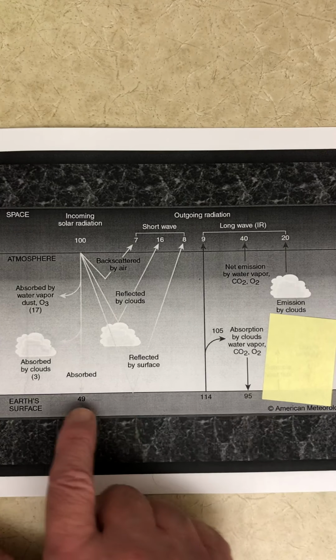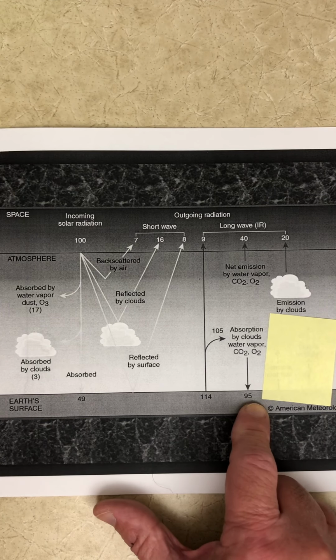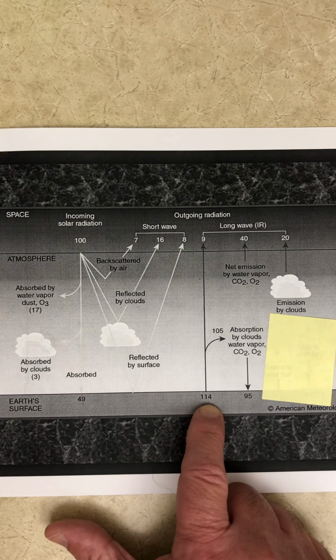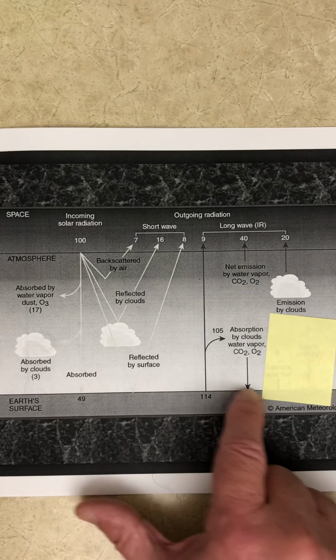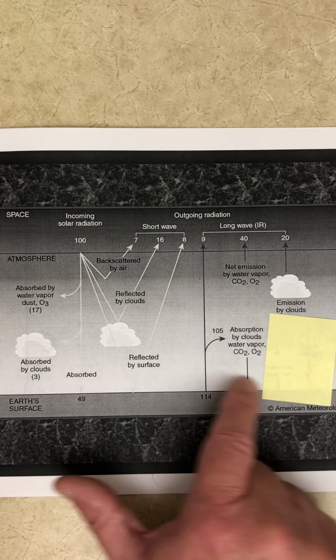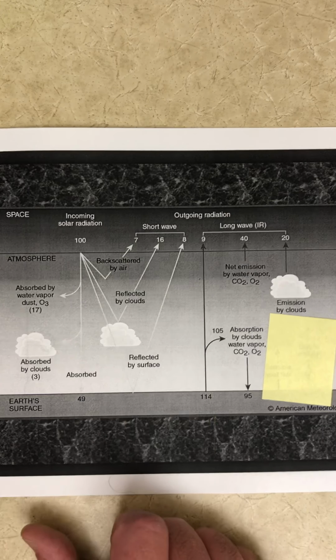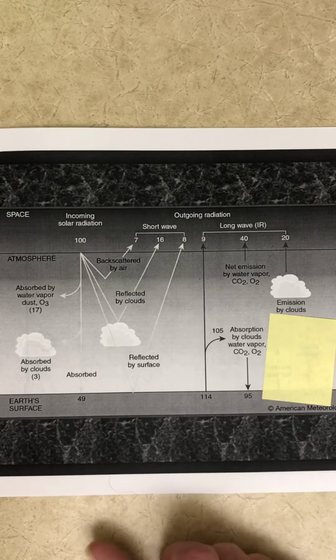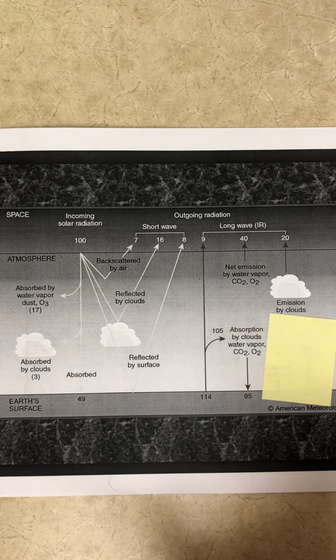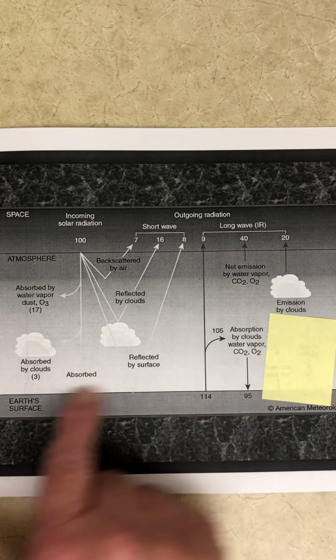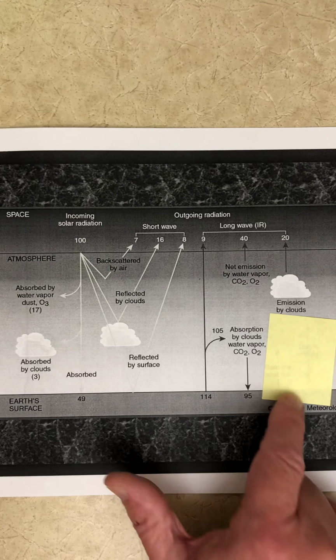So when we add up 49 plus 95, 144, minus 114, we find that there's an imbalance here. There are 30 more units of energy at the Earth's surface than we should have. Let's not worry yet, but there's something wrong here, in that there should not be a surplus.